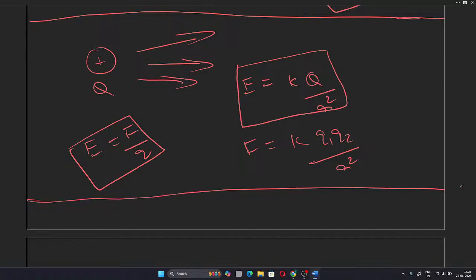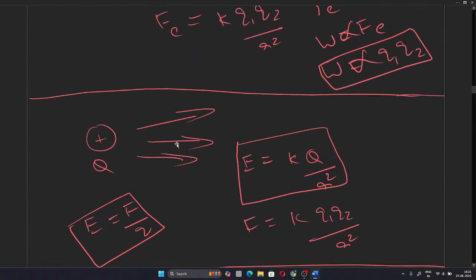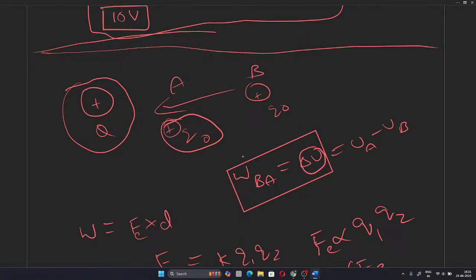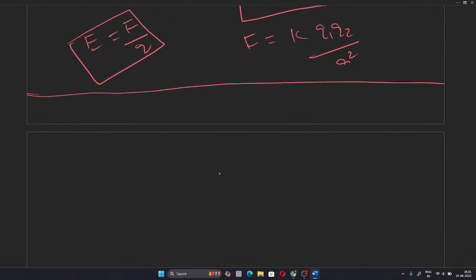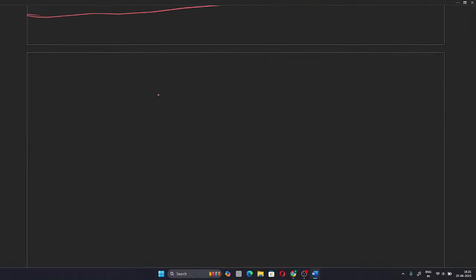Similarly, the potential here as well. They are calculating the potential, not potential energy, but potential, assuming a single charge. How can we do this by dividing? We know that work done is equal to change in potential energy.